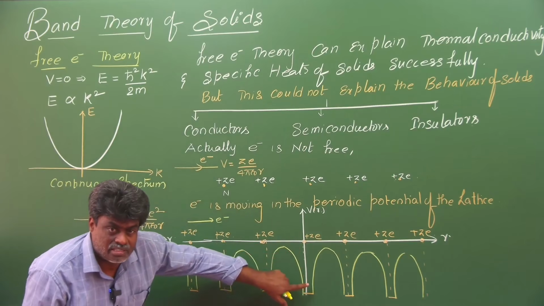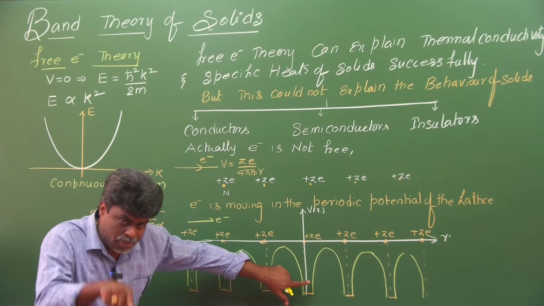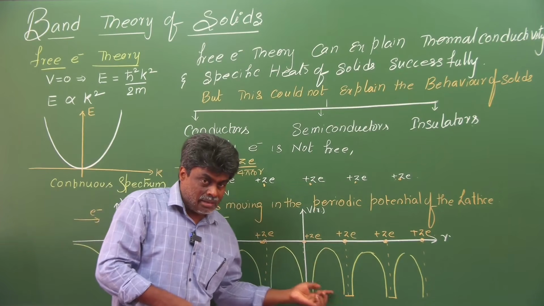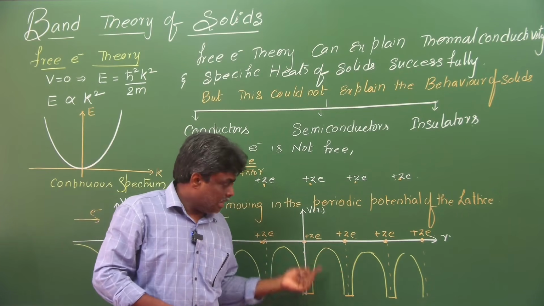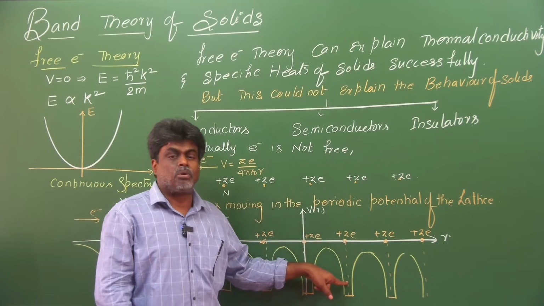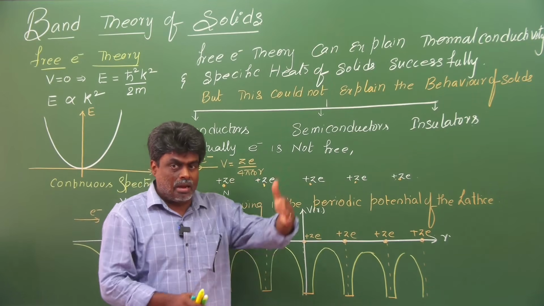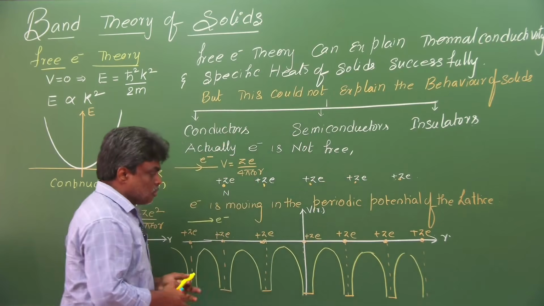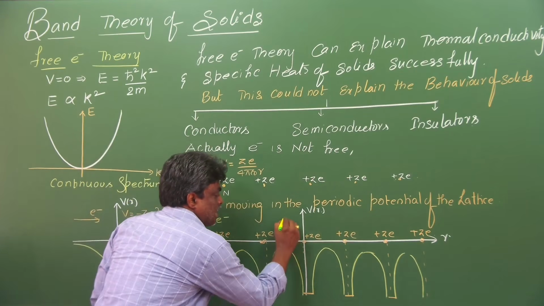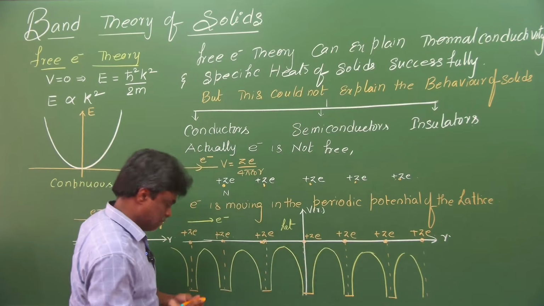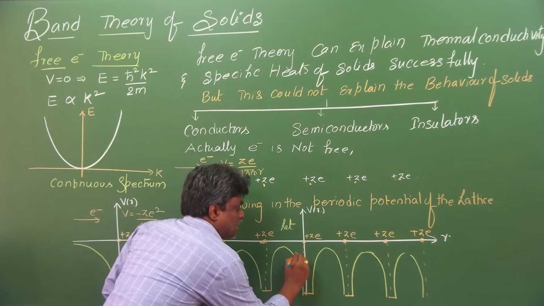The electron is bound to the potential well, and after that we have a barrier, and it is crossing the barrier and again going to the potential well. So it is moving through either a potential well or a barrier. So what we are assuming is, let, in the vicinity of the nucleus, the electron be free.